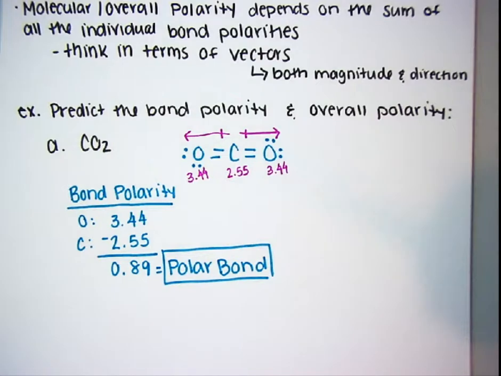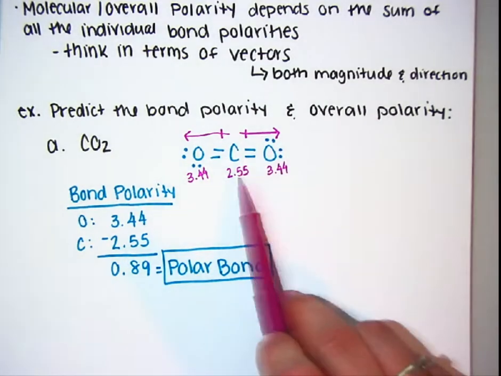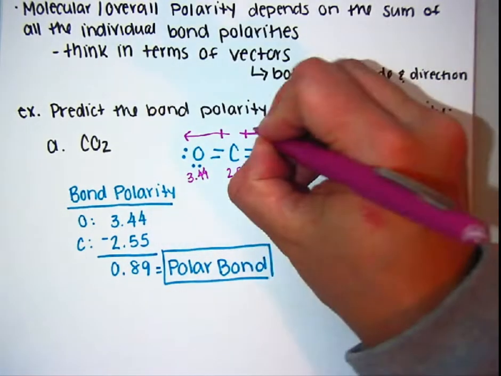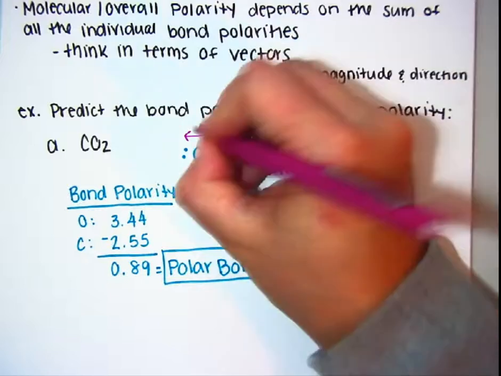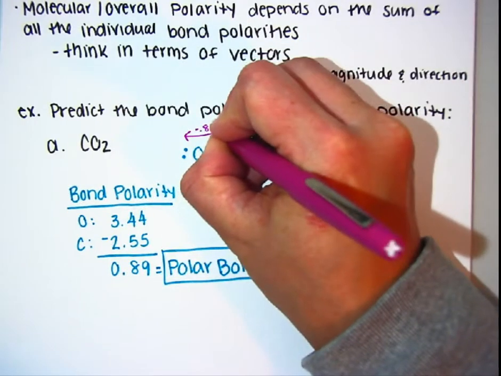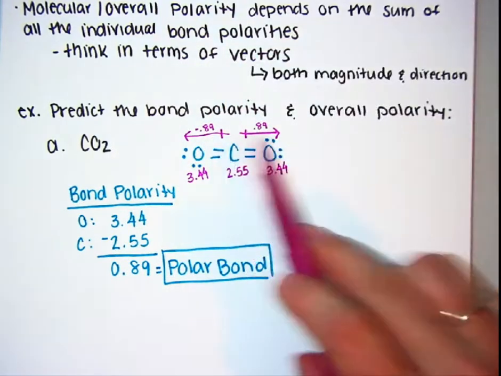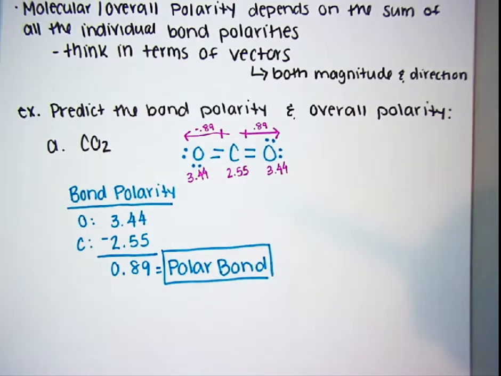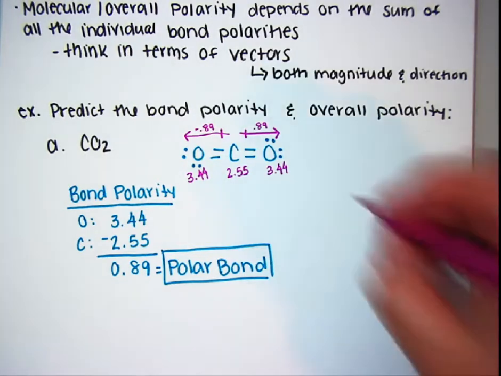Think about vectors. Think about your physics class. Vectors have both magnitude and direction. The difference is going to be the same, but they're going in opposite directions. That means the vectors are going to cancel.